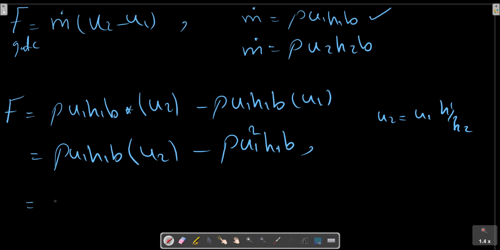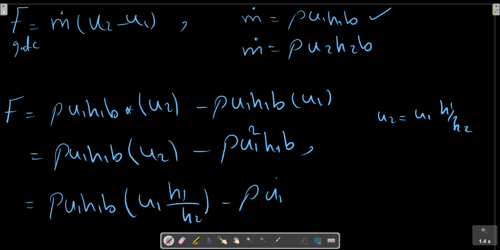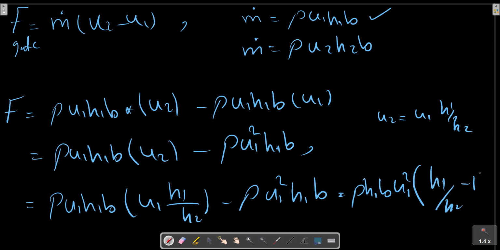Replacing with this equation, rho u1 H1 B multiplied by u1 H1 over H2 minus rho u1 squared H1 B equals, simplifying the expression, H1 over H2 minus 1. This is the relation of F as a function of u1.